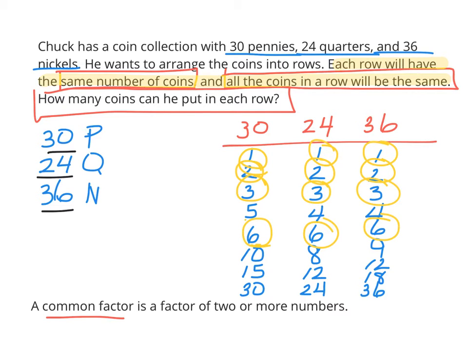So the common factors that we have are 1, 2, 3, and 6. Therefore, Chuck can put 1, 2, 3, or 6 coins in each row.